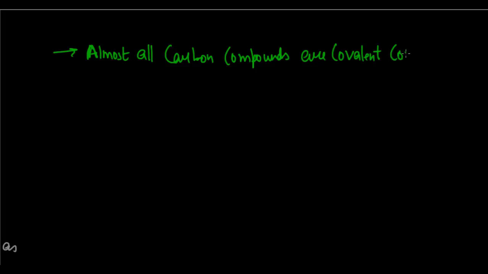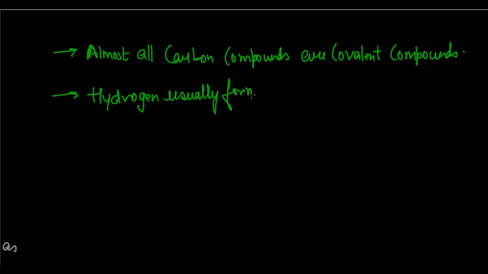Now, covalent compounds are those compounds which are formed by the covalent bond, right? So almost all carbon compounds are covalent compounds, right? Hydrogen usually forms covalent bonds. Okay? Carbon too usually forms covalent bonds.